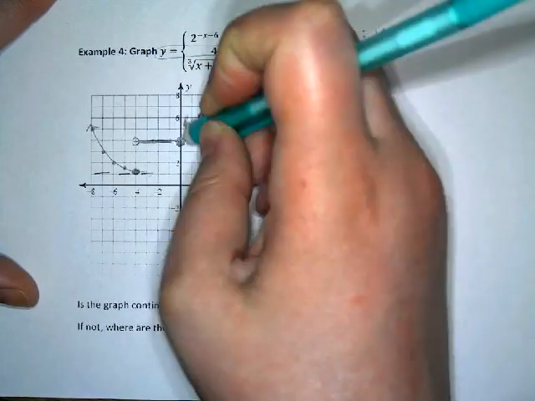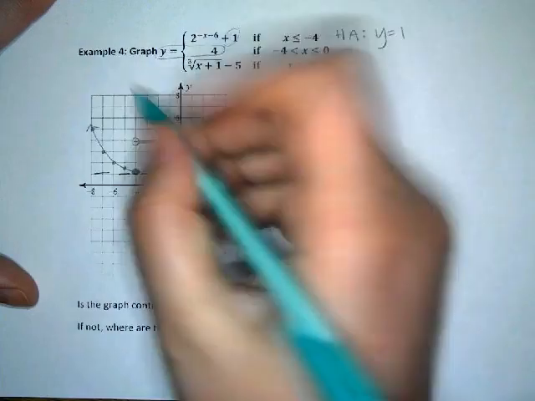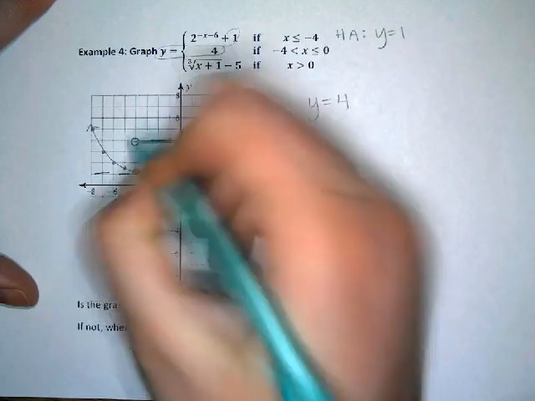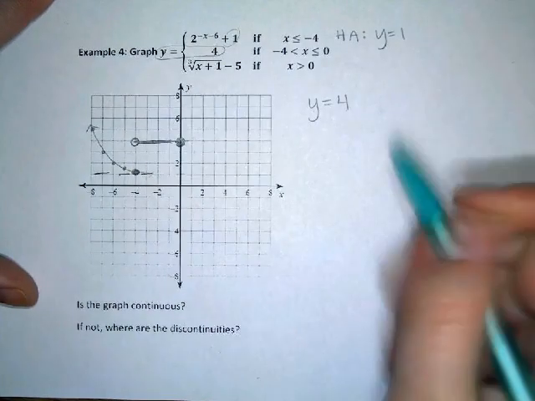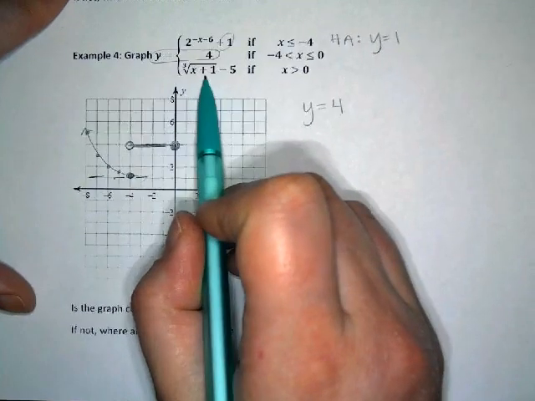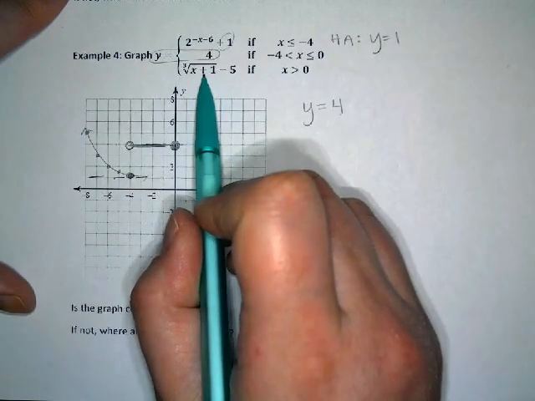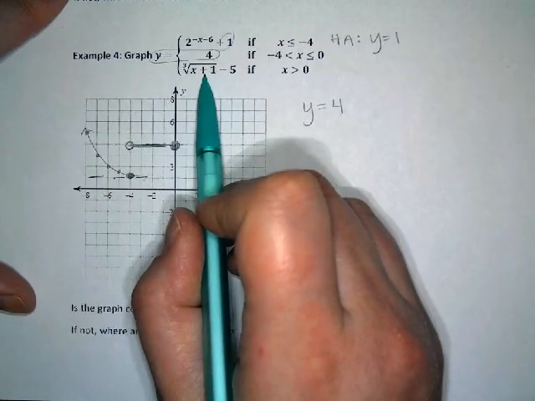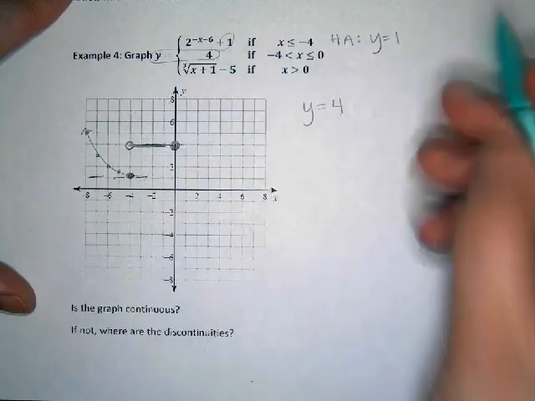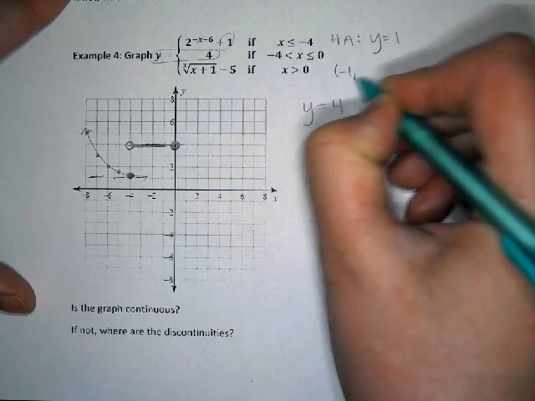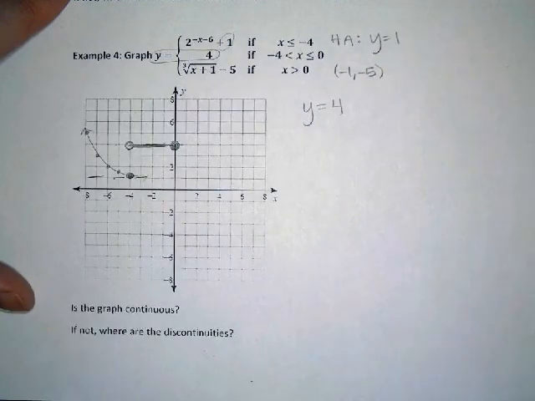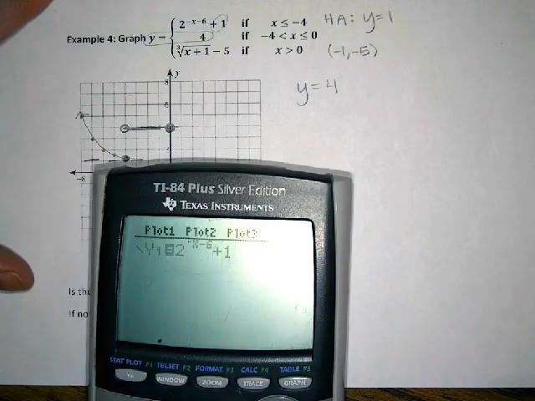Last part. What is the locator point for this cube root? What is the locator point for the cube root? -1, -5. Okay, we're going to graph that and look for that locator point. How do you get a cube root on your calculator screen? Math, go down to 4. Okay.